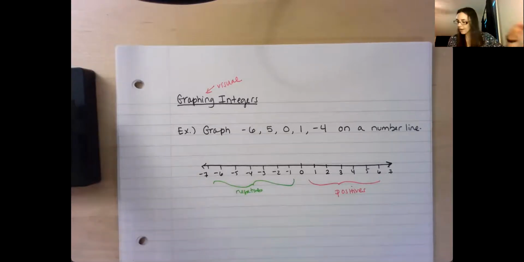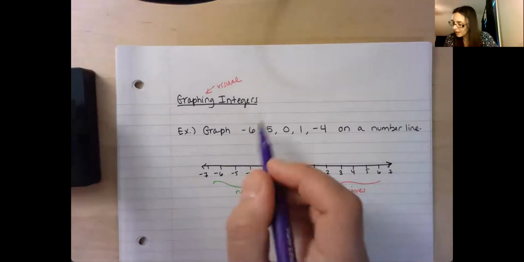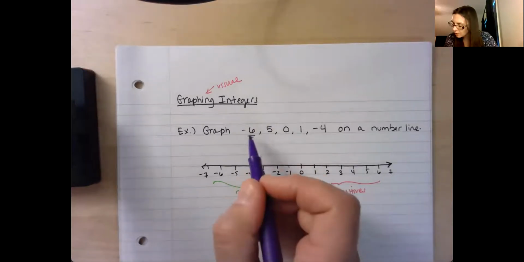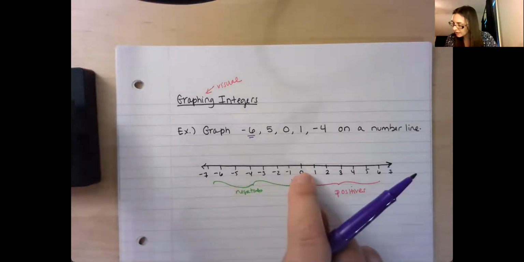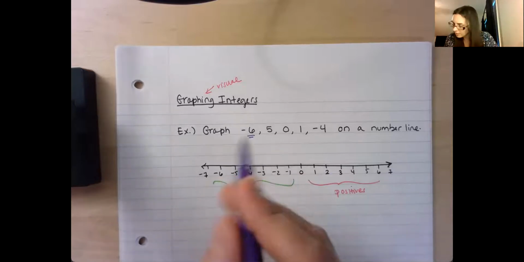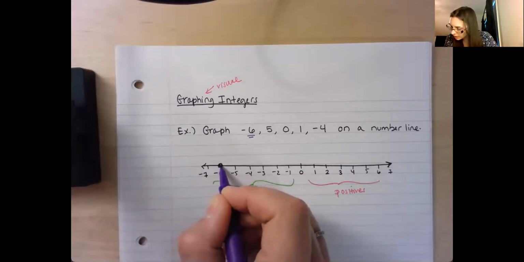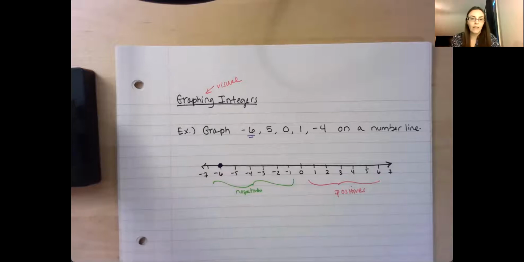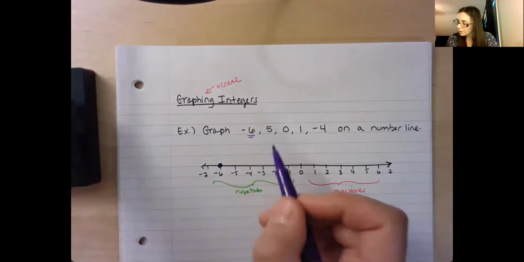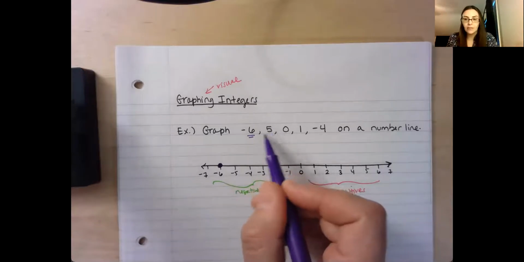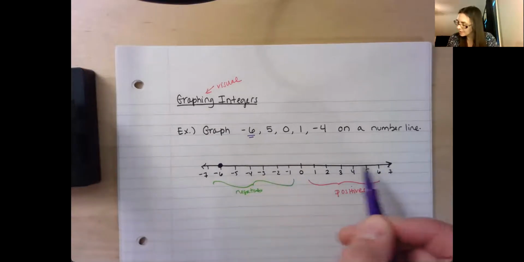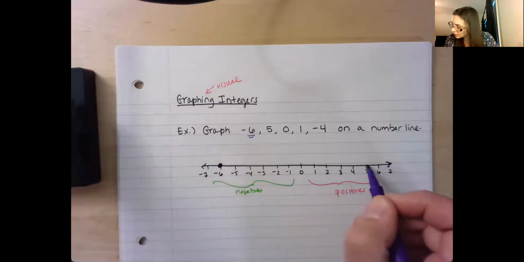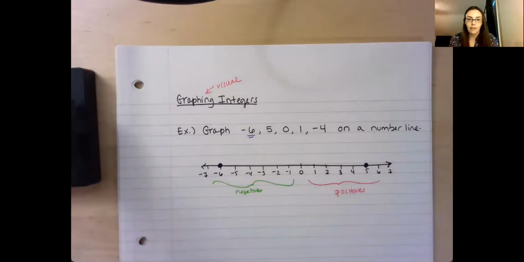So let's go ahead and graph some of these values. So I'm going to start with -6 first. So if I look at -6, I can see that negatives are on the left. It's way over here. And what you do is you just fill in a solid dot right on that -6. For 5, that's a +5. So I'm looking over here on my positive side. I see 5, and I just fill in a circle or a dot all colored in on that 5.